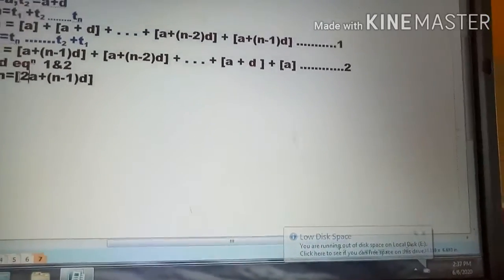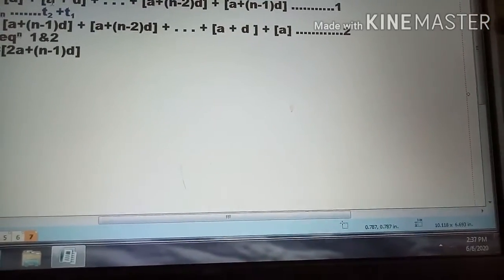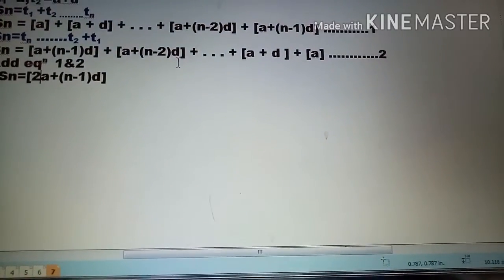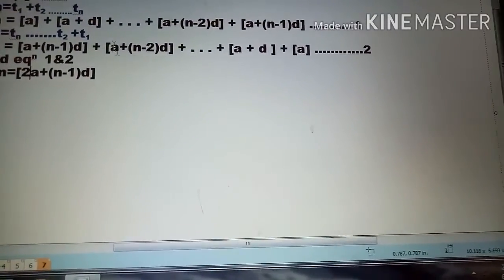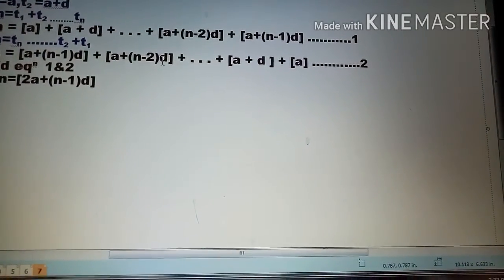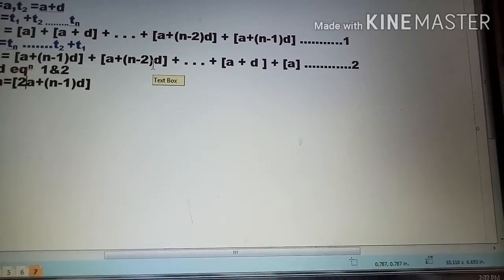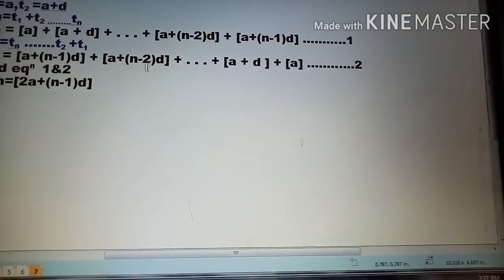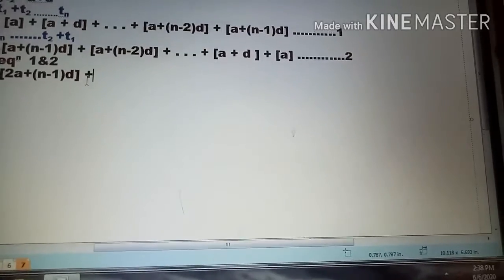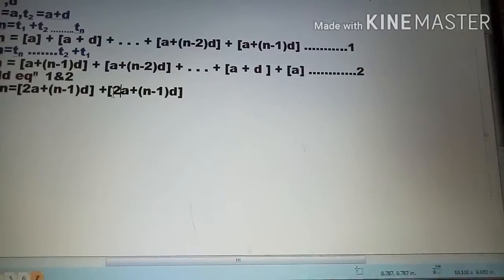After that, the second terms a plus d and a plus n minus 2 d: their addition also gives a plus a, 2a, plus n minus 2 d plus 1 d, and 1d and minus 2d always become minus 1, so n minus 1 only remains. So here it becomes 2a plus n minus 1 d.